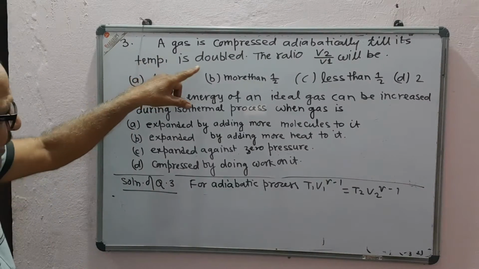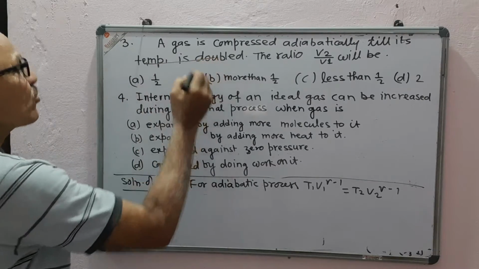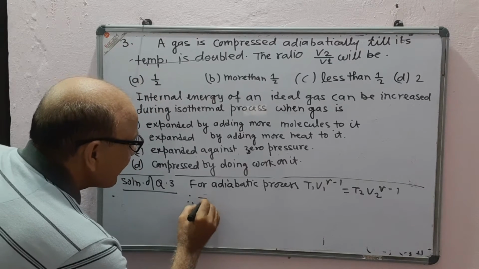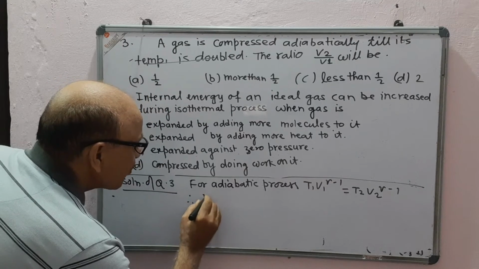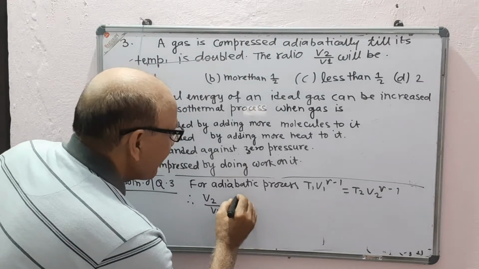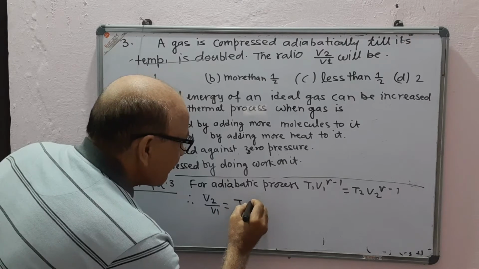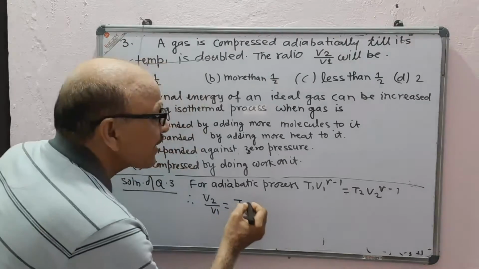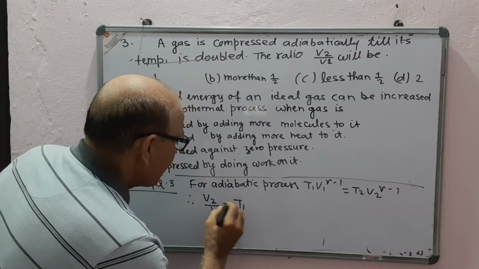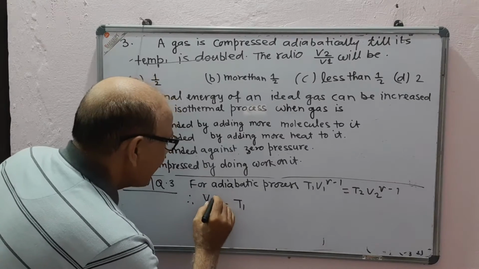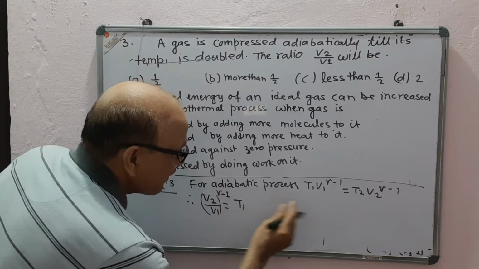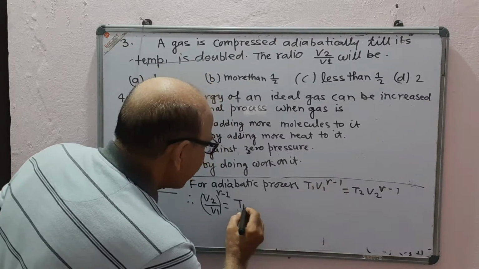According to the question, T2 is 2 T1. Therefore, V2 upon V1 to the power gamma minus 1 will be equal to T1 upon T2.